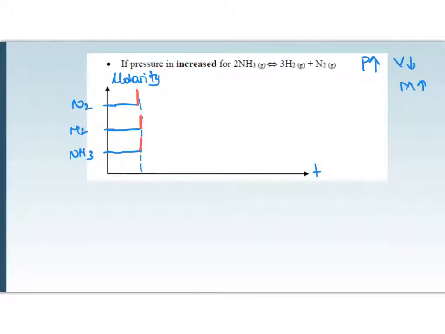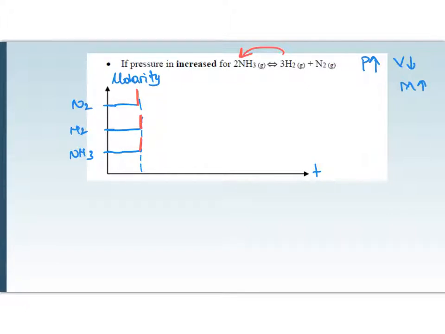So what about the response of the reaction? Now if we have a smaller volume, this means that the reaction favors the side that has a smaller number of gas molecules. Now on the left-hand side you have 2 molecules, on the right-hand side 4 molecules, so it goes to the left, favors the reactant side. So what will happen?